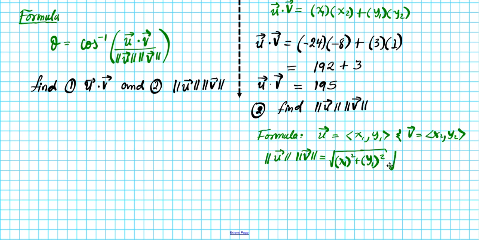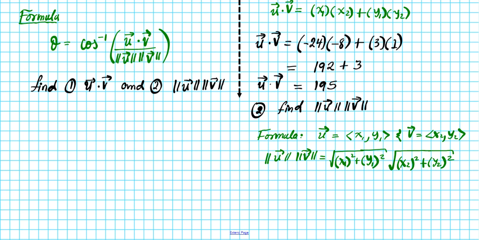You can easily determine what will give us the magnitude of v, right? You simply find the sum of the squares of the components. So it's going to be the square root of x2 squared plus y2 squared. So that will give us the magnitude of vector v.